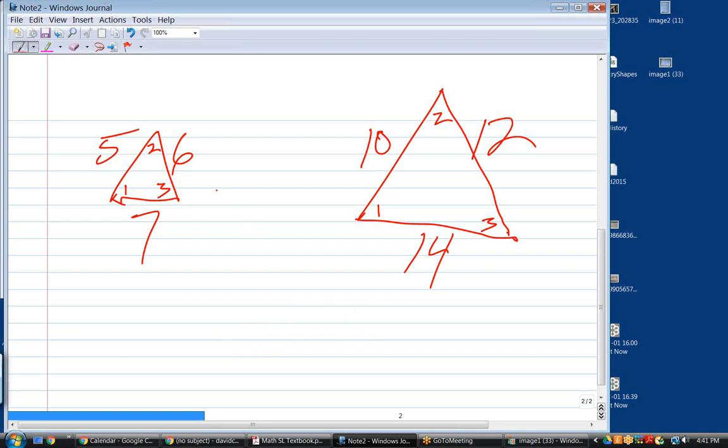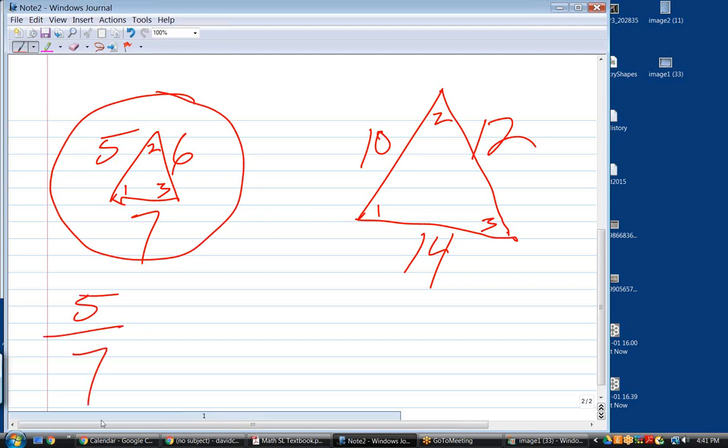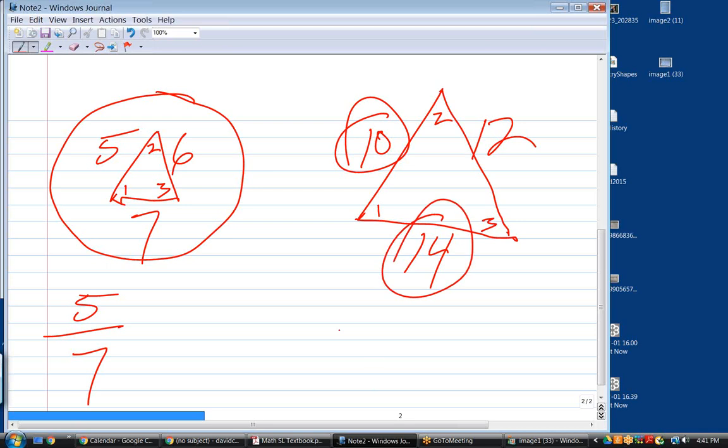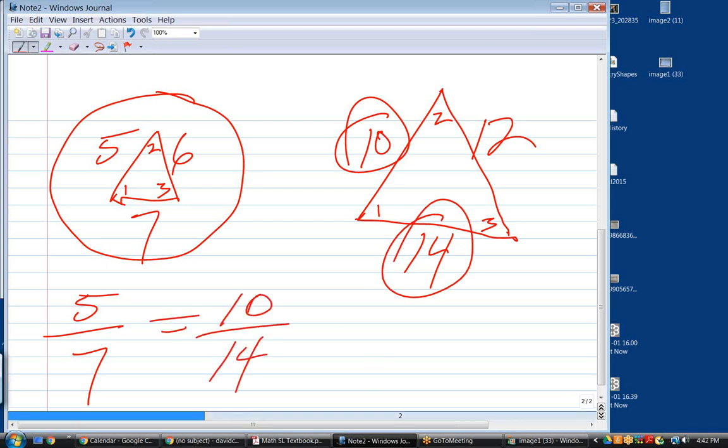But there's even a further ratio proportion that's equal. Even if I look at the ratios within that triangle, let's say 5 is to 7, well, that's the same as that ratio is to that ratio. That's the same as 10 is to 14.